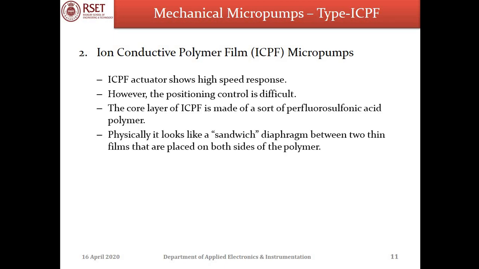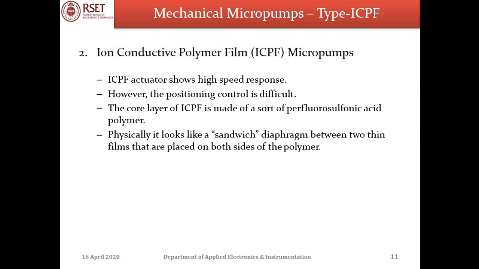Ion conductive polymer film micropumps are polymer MEMS actuators that can be actuated in aqueous environments with large deflection. They need very low power input compared to the conventional MEMS actuators. So that is the greatest advantage ICPF has over the other types of micropumps.